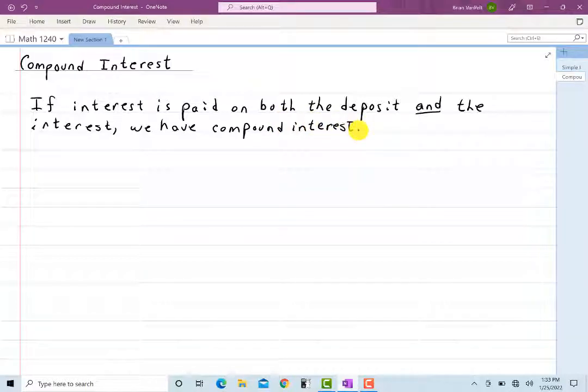So compound interest refers to when interest is actually computed, and it's usually done on a specific date throughout the year. So let me do an example where we do it monthly.